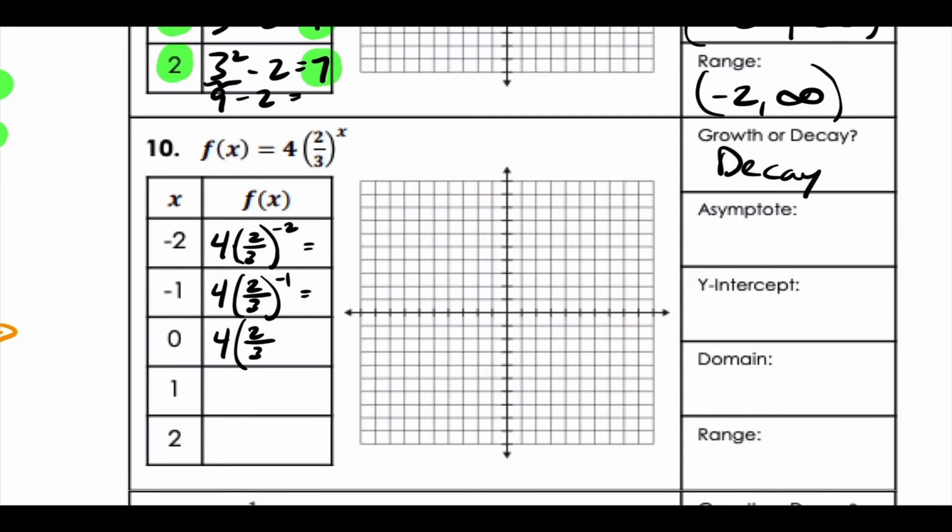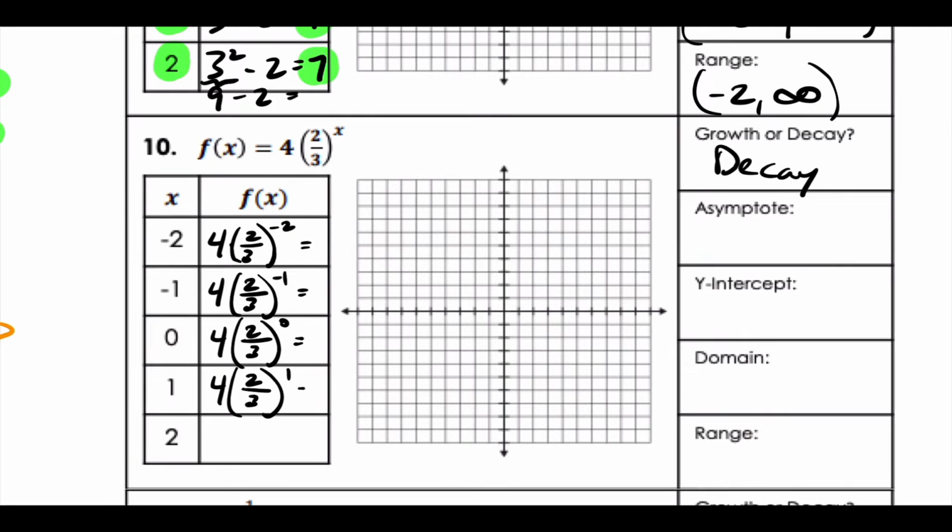Then a 0. 1. 2. Okay. I'll let you guys write that down before I go to the next.